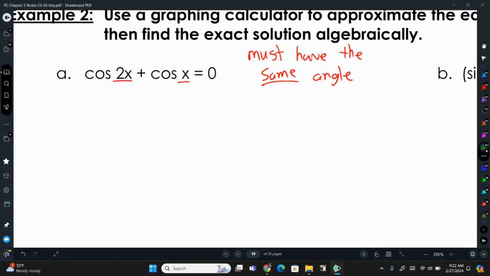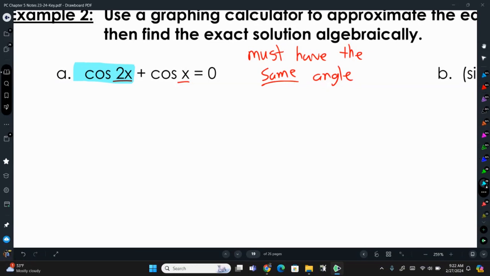All right, so what we can do is change this. Looking at our double angle formulas, it wouldn't make sense to bring in a sine here. Using formula 30 or 34, it wouldn't make sense to bring in sine because now we have 2 trig functions to deal with.